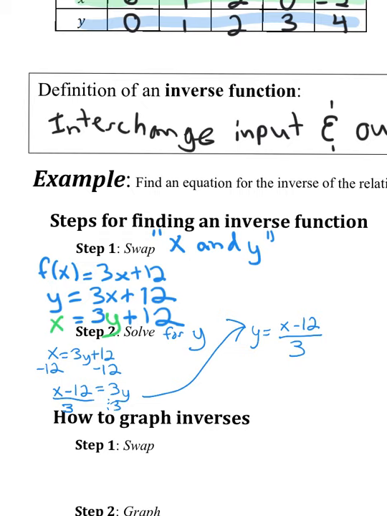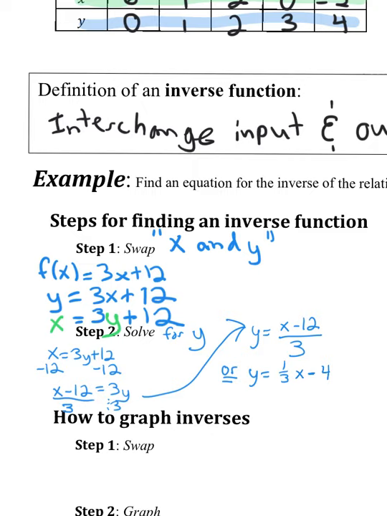Because I have y equals, another way I could write this, technically, this isn't simplified all the way, with the x minus 12, I could rewrite it as 1/3 x minus 4. That's if I divided both numbers individually by 3. So that's the way I'd write it if it was the most simplified.